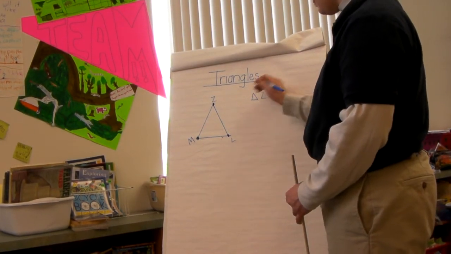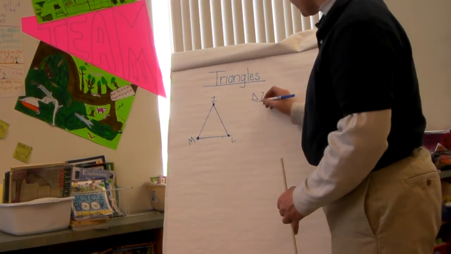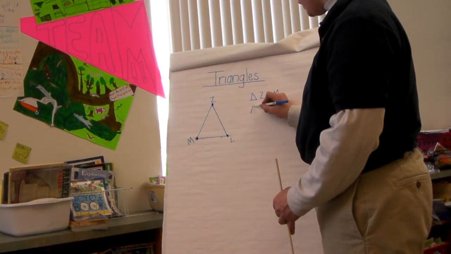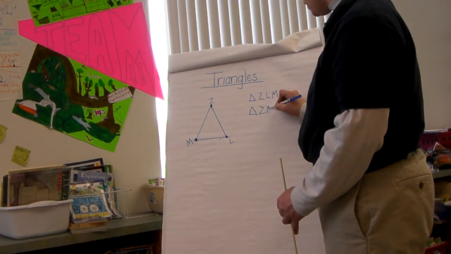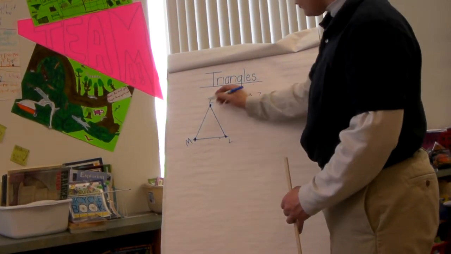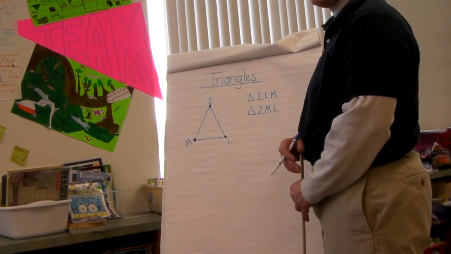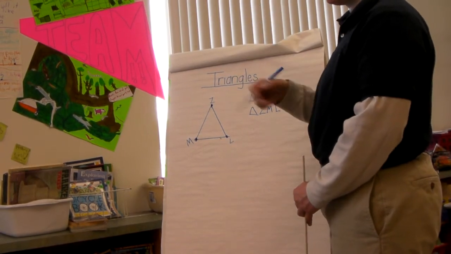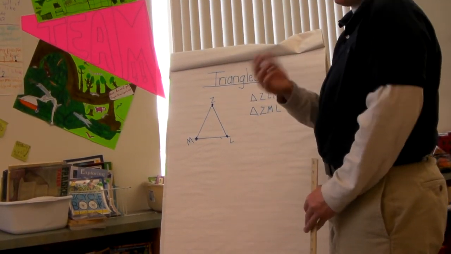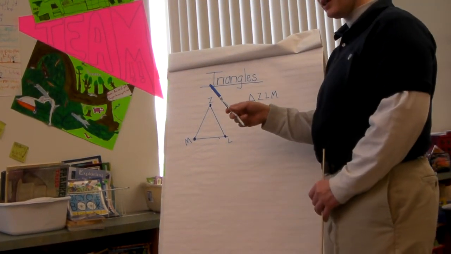So the name of the triangle is ZLM, which would mean Z, L, and M. But I could also say triangle ZML if I went around the other direction. It would be sort of like reversing your middle name and your first name and your last name. All of those are your names, but usually we say your first, your middle, and your last name if we were going to call that to you.